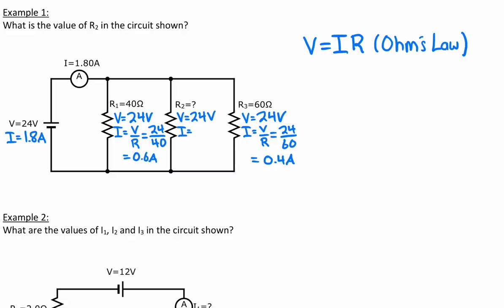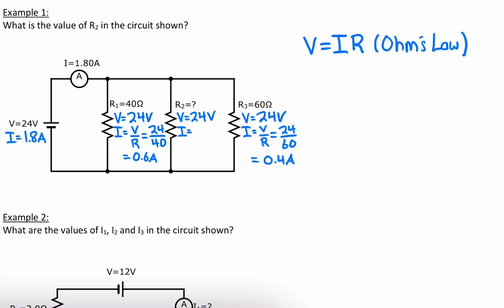So now that I've used Ohm's law, I can go back and use Kirchhoff's laws again. Since I know the total current coming into these parallel resistors was 1.8, and I know that had to be split between the three resistors. In other words, the current in the three resistors had to add to that 1.8. If this is 0.6 and this is 0.4, I know this third one has to add with 0.6 and 0.4 to give me 1.8.